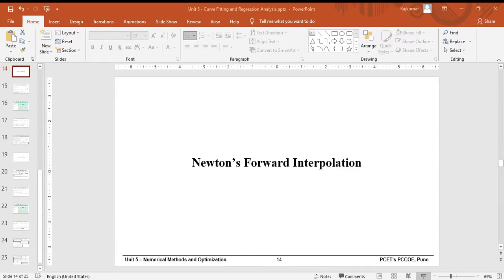We are interested in 160. So actually here it should not be p, it should be x. So y of 160 is equal to y naught, 13.03. Put all the values in this equation. So plus p is 0.2, then delta y naught is 2.01, p is 0.2.